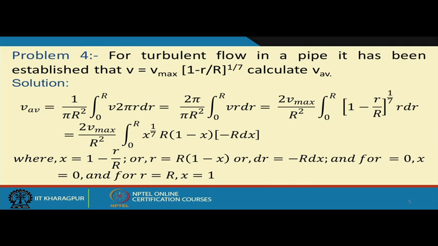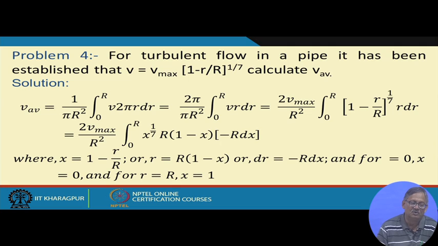For a turbulent flow in a pipe, it has been established that V is equal to V max times 1 minus small r over capital R to the power 1 by 7. Then you have to calculate the average velocity.